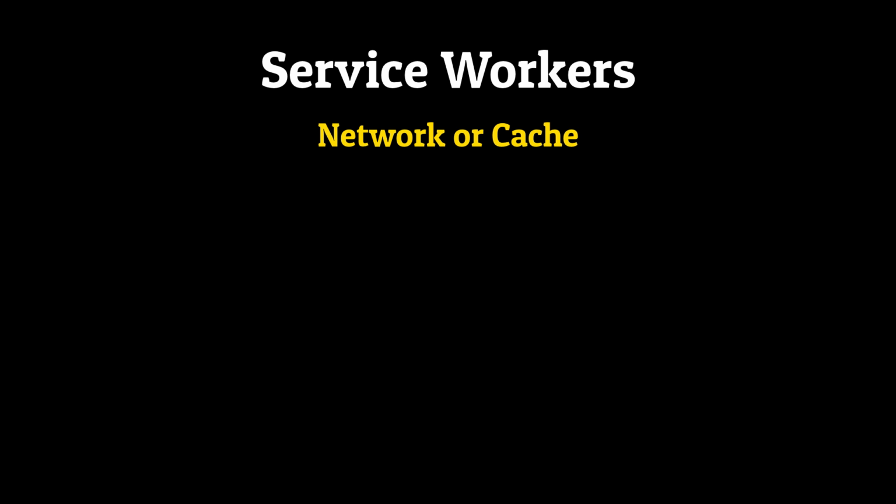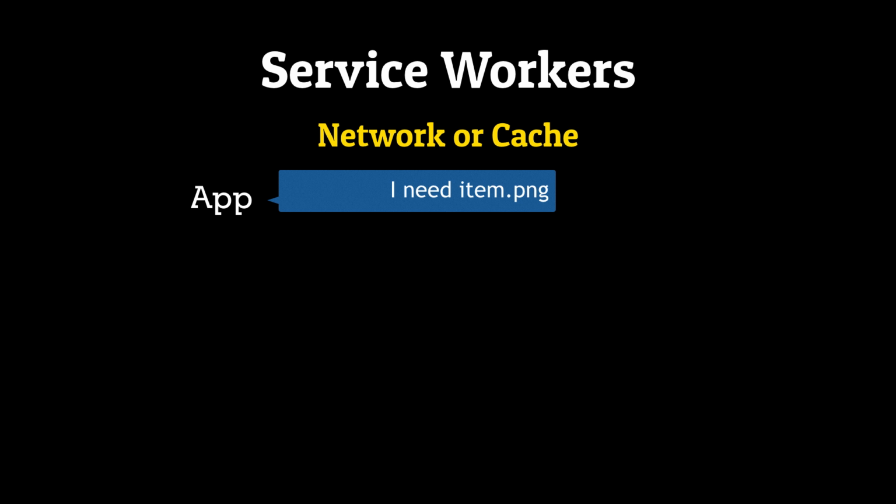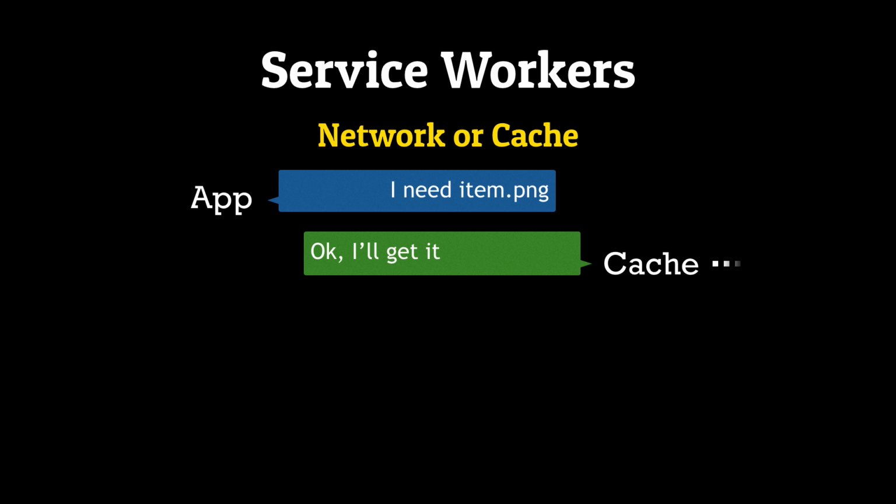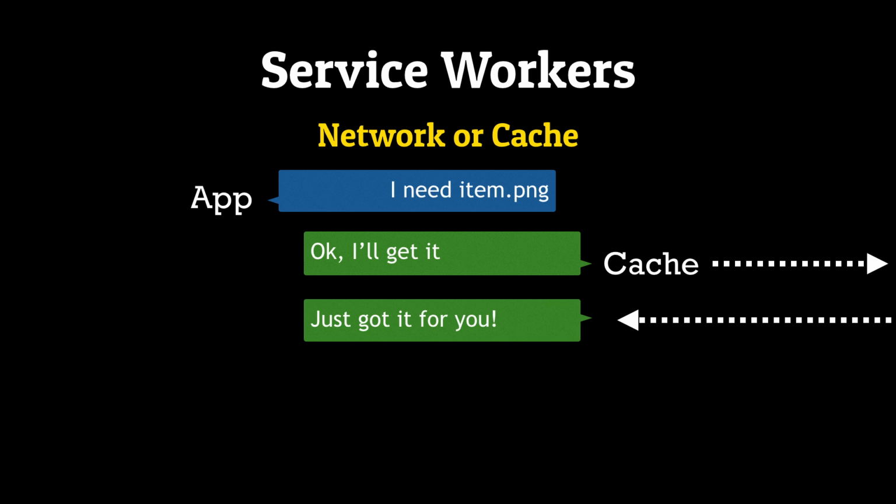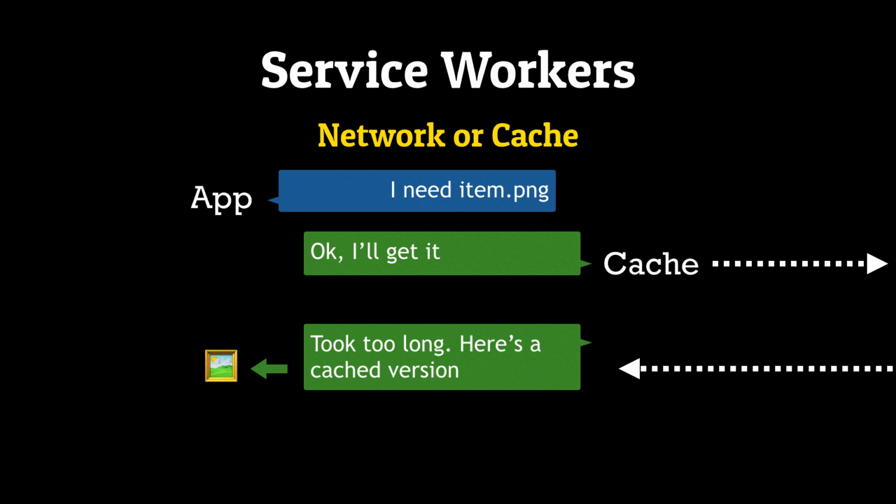In the network or cache strategy, the app requests a resource, and then the cache goes and retrieves it on behalf of the application. This seems like it's operating as usual, as the proxy is just letting the request pass through and continue off to the CDN to retrieve the image. But what we can add on top of this is a time limit, where if the request takes too long, we essentially abandon it and resolve with a cache resource that we already have in memory.